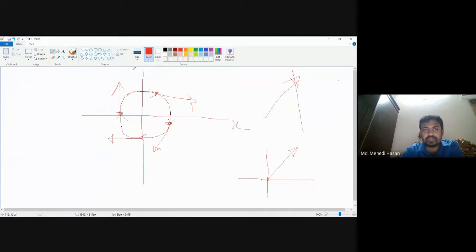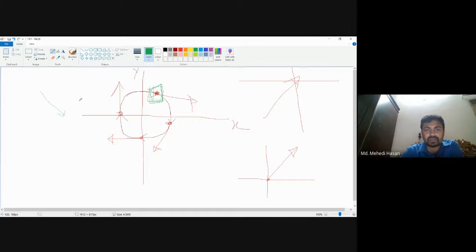Okay, so similarly, if the coordinate is given like that, so this is the given coordinate. According to this given coordinate, you can say that the position of the particle is in either the first quadrant, second quadrant, or third quadrant. In the first case, for that point, you can say that the particle is mainly in the first quadrant according to the given coordinate, but the velocity vector is not in the first quadrant, because the velocity vector is something like that.